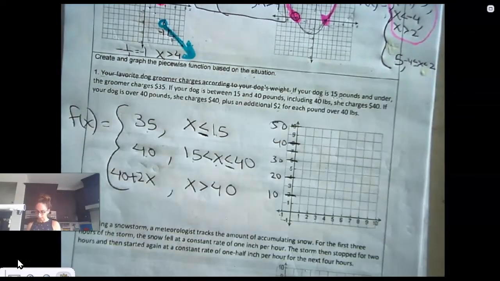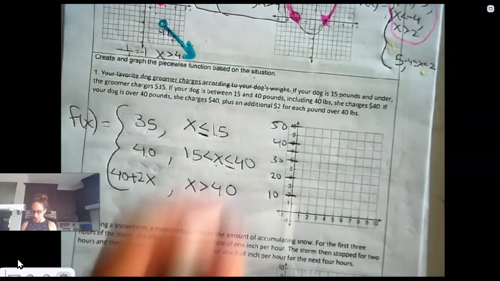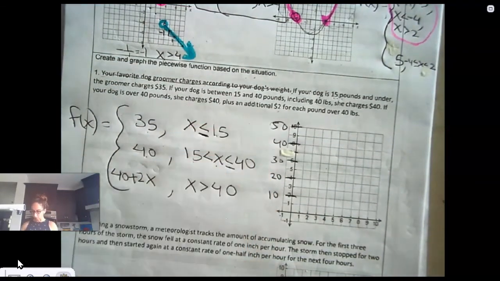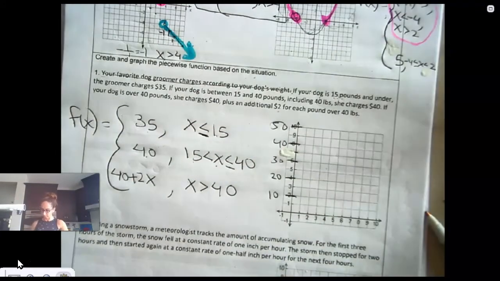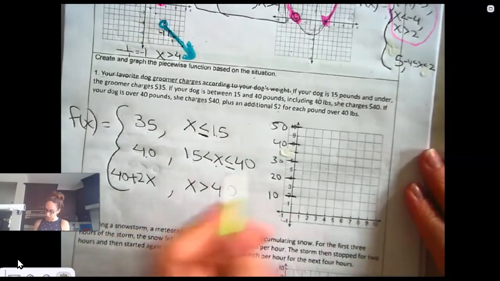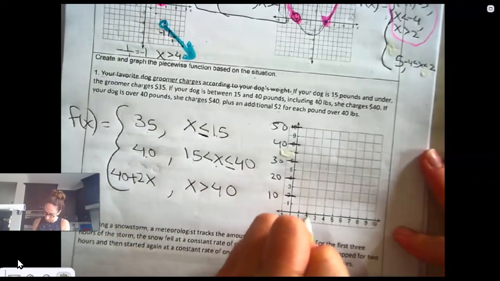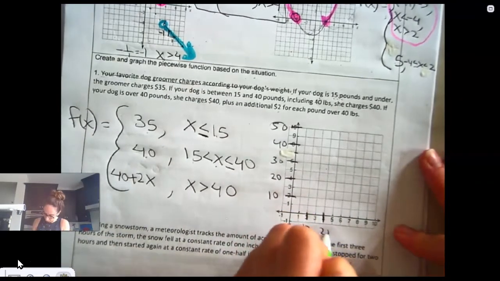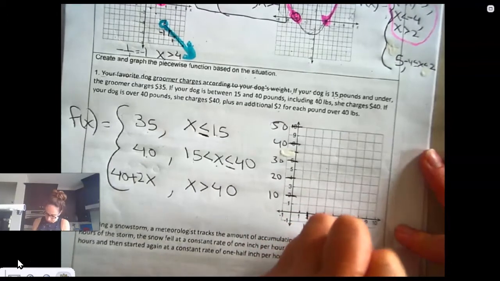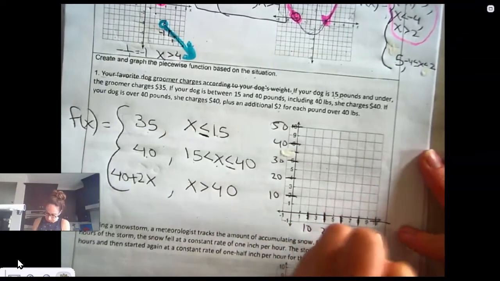Okay, so if I'm playing that game, and I go, okay, so from 15, ooh, this isn't good either. So let me, my x values, so let's make this 10, 20, 30, 40, 50.